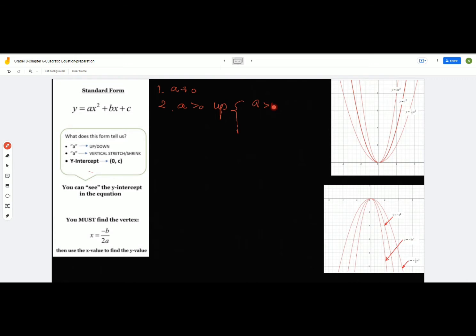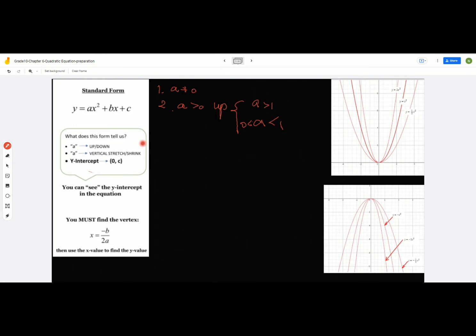If a is greater than 0 and less than 1, for example y equals 1 over 2 x squared, the graph is outside y equals x squared, and it is vertically compressed by a factor of 1 over a. Okay, this is for a greater than 0.